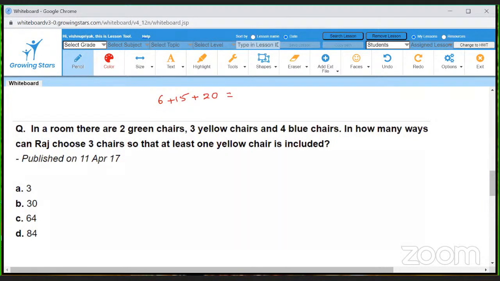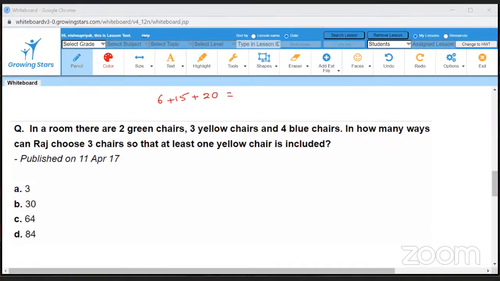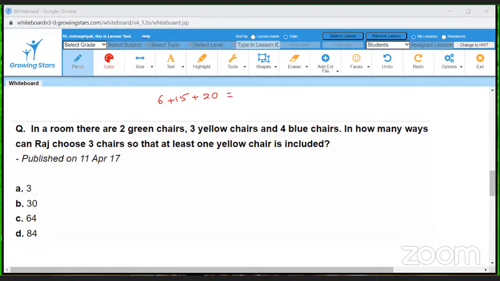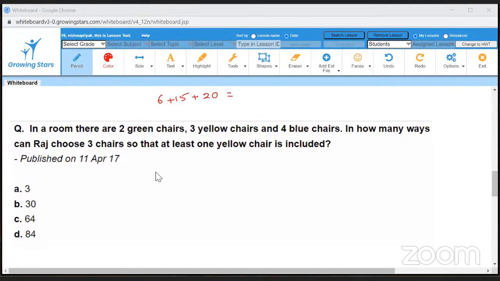Okay, here in a room, there are 2 green chairs, 3 yellow chairs, and 4 blue chairs. In how many ways can Raj choose 3 chairs so that at least 1 yellow chair is included? So we have to select a total of 3 chairs.